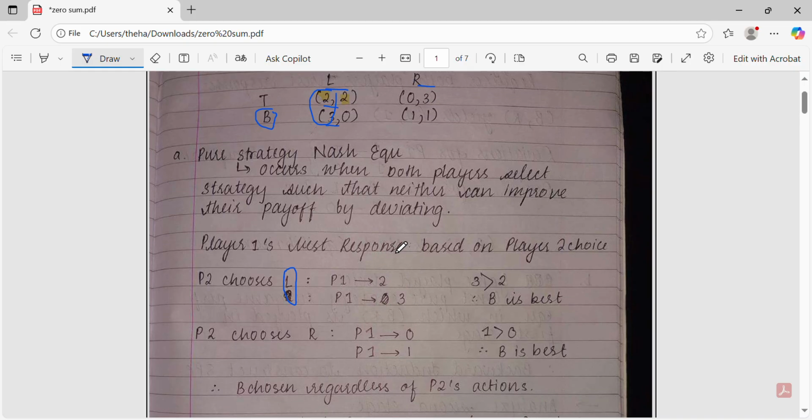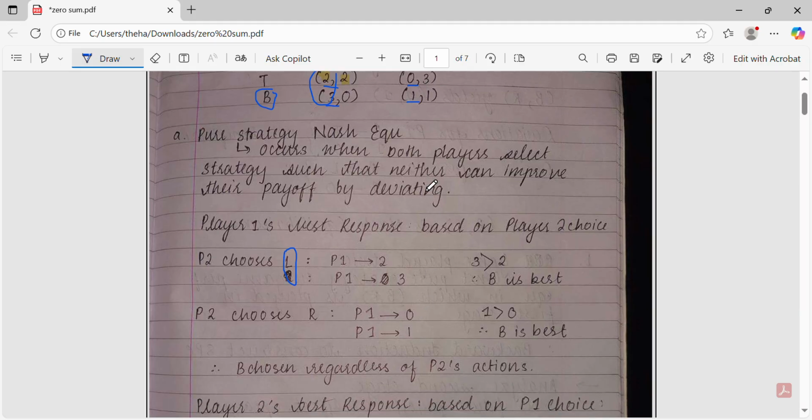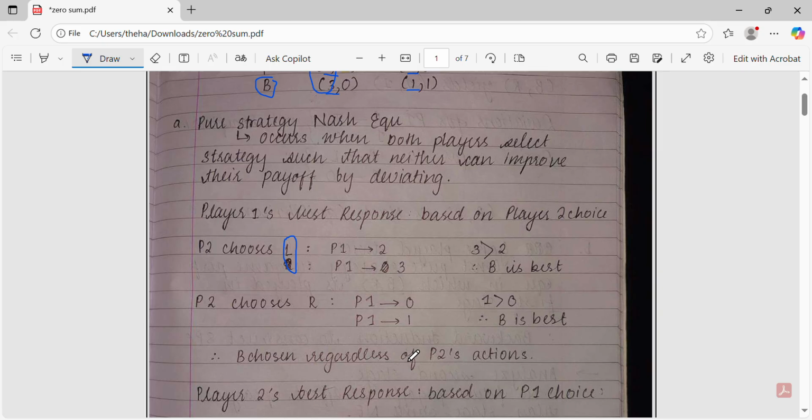It can either have the value of 0 or the value of 1. Comparing these, 1 is greater than 0. So B is again the best scenario for player 1. So irrespective of whether P2 chooses L or R, the best option for P1 is to choose B.